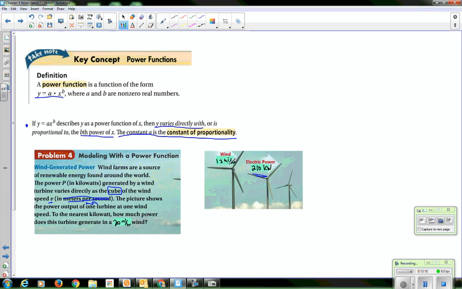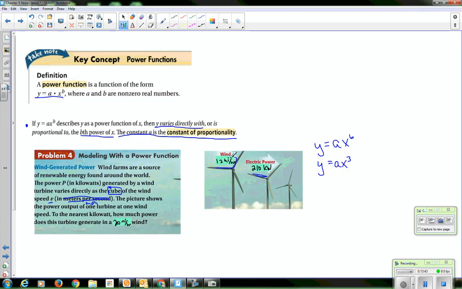Okay, so when wind is 12 miles an hour, we get an electric power of 210 kilowatts. So we are looking at a power function. So we got y equals ax to the b. We know that we are going to have a b of 3 because it says it varies directly with the cube of the wind speed.